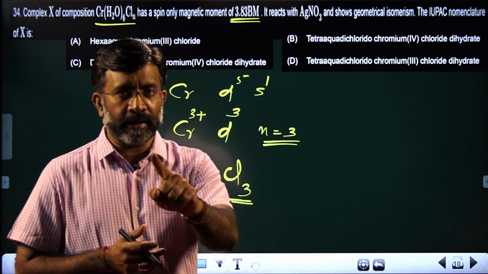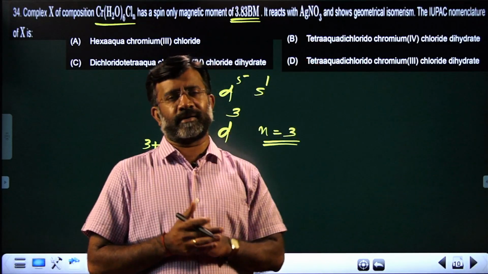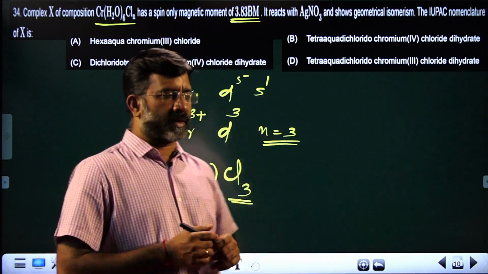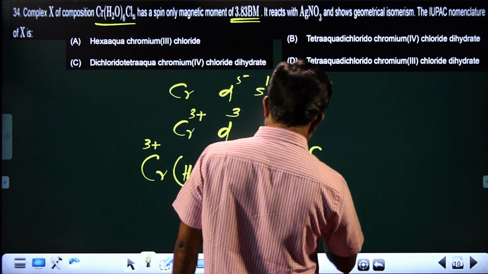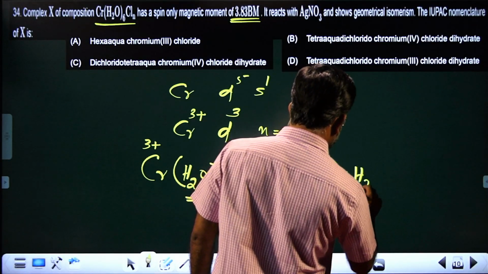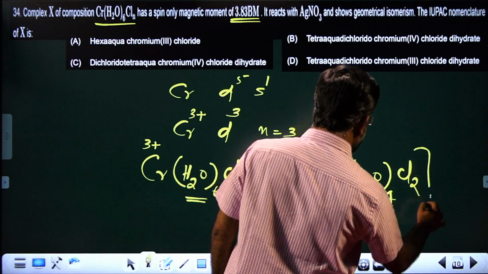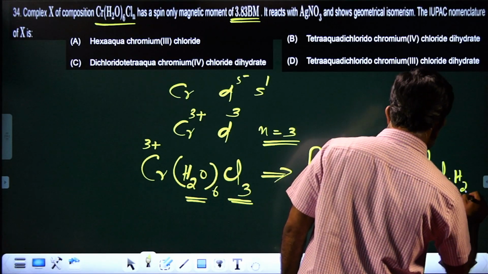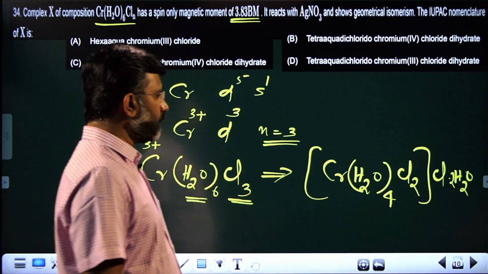At least 1 chlorine should be outside, and it must show geometrical isomerism. So the probable formula will be CrH2O4 Cl2 Cl dot 2H2O. That could be the formula.